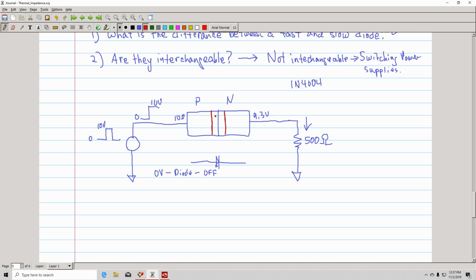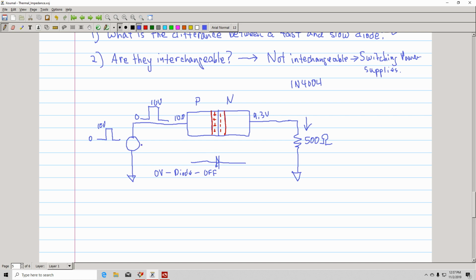This is a storage time, and you get a charge built in here on the depletion layer.